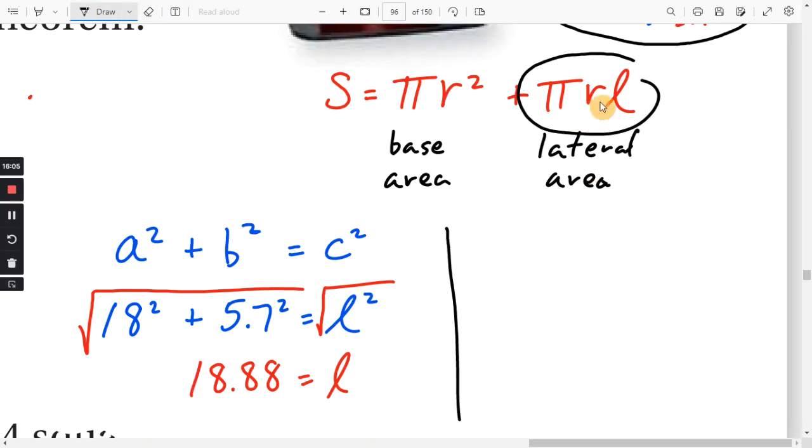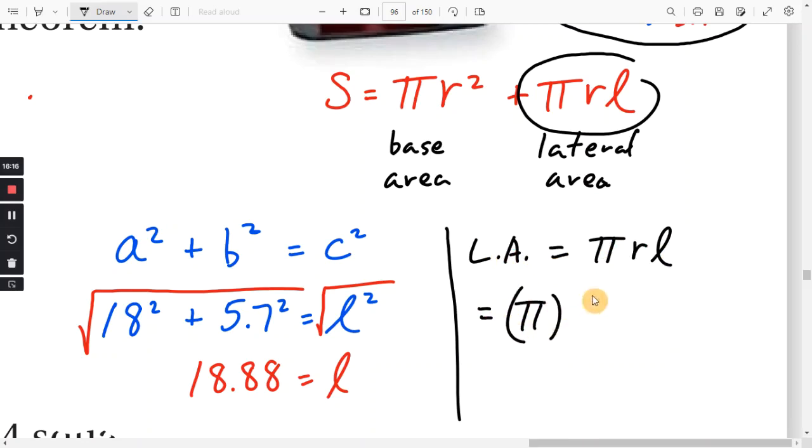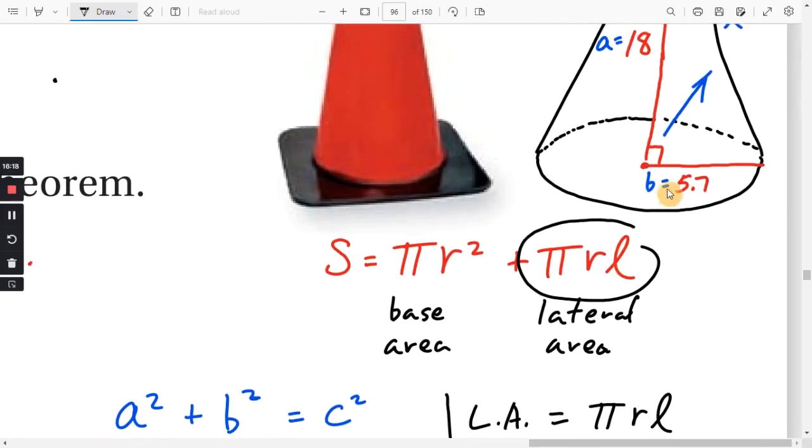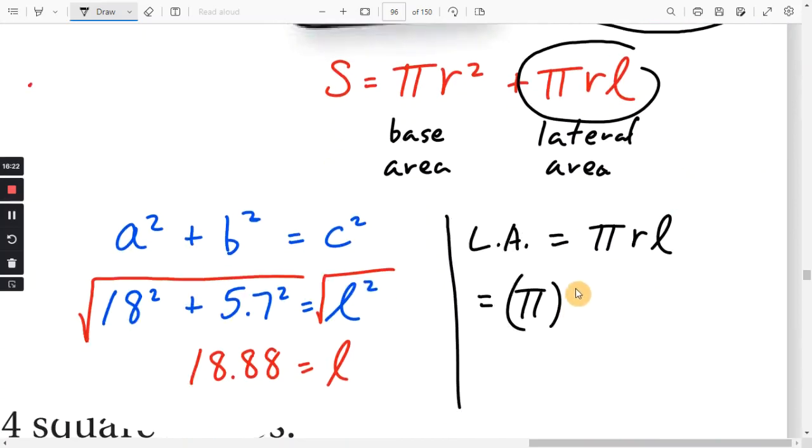We just want the lateral area, they said, which is pi RL. So that's going to be pi times the radius r, which was this distance right here, 5.7. Plus it's in the problem, in the write-up. And L we just found, that's 18.88. And let me see what they rounded on their answer.